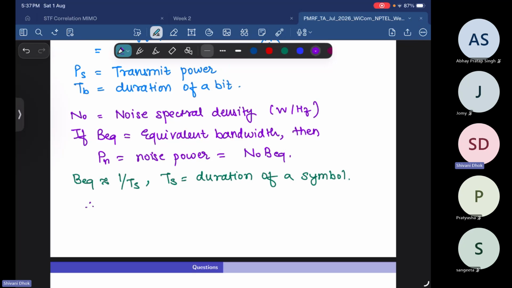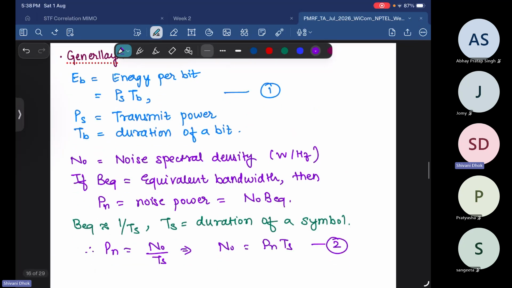So therefore your noise power Pn becomes N naught by Ts, or in other words your N naught is equal to Pn into Ts.